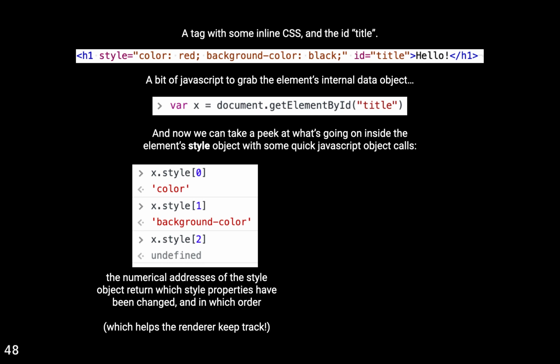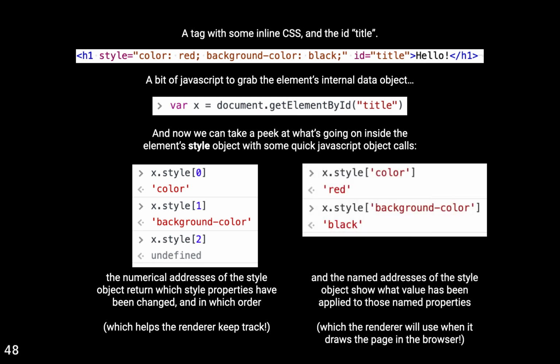And then if we look for those named addresses, we can ask, hey, style, what color is this element supposed to be? Aha, it has the word red. Hey, header element's style object, what should the background color be? It's been defined as black here.